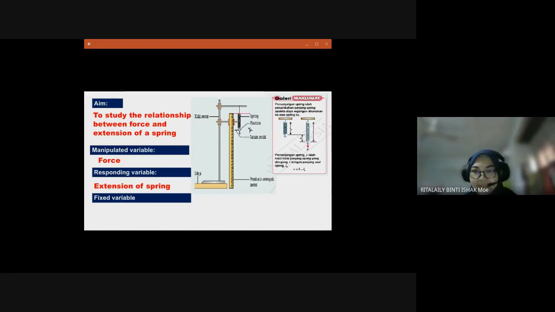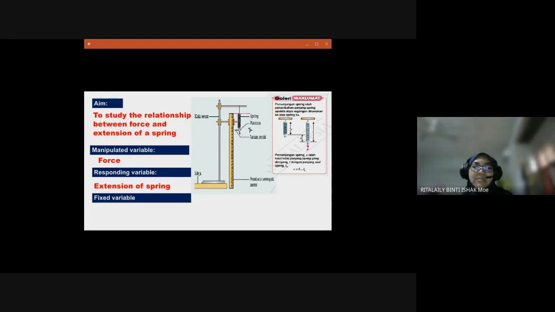If you write type of spring, type of spring is also not accepted, because you cannot measure type. Initial length of the spring is accepted because we can measure it.